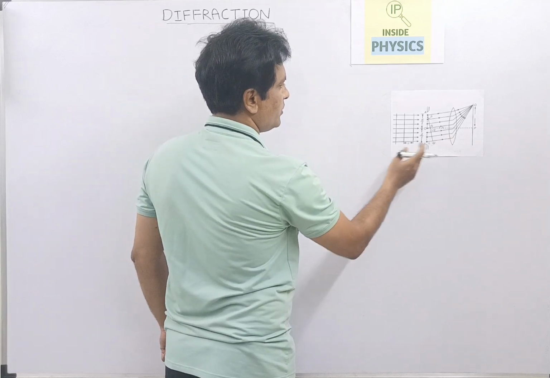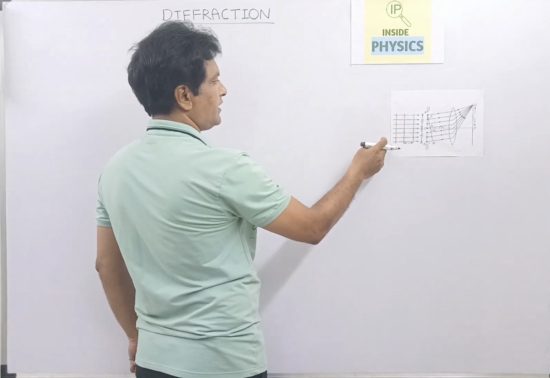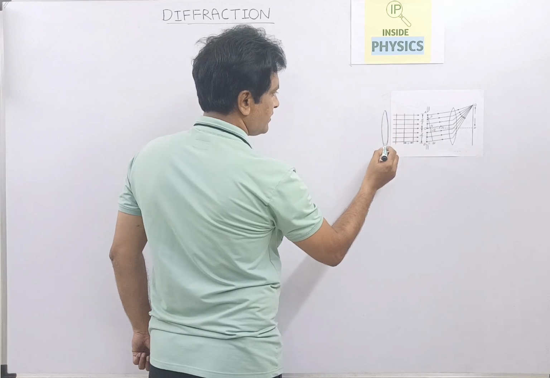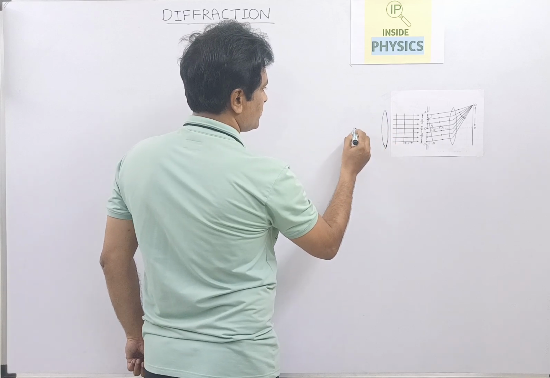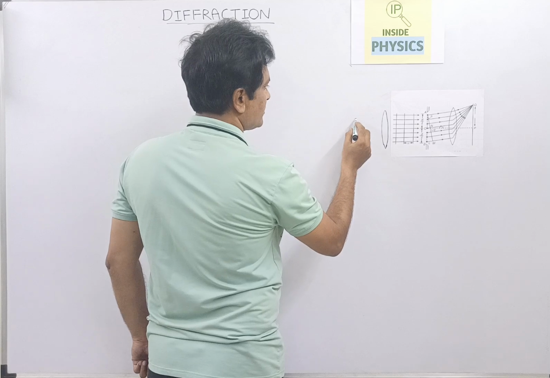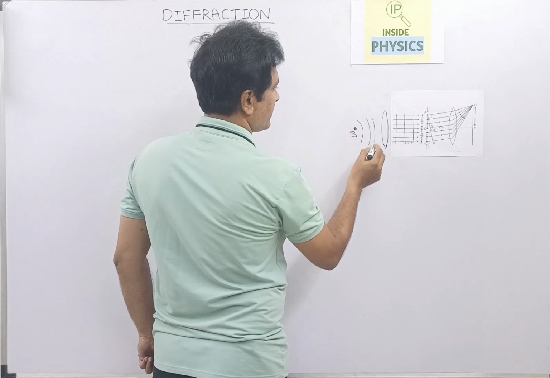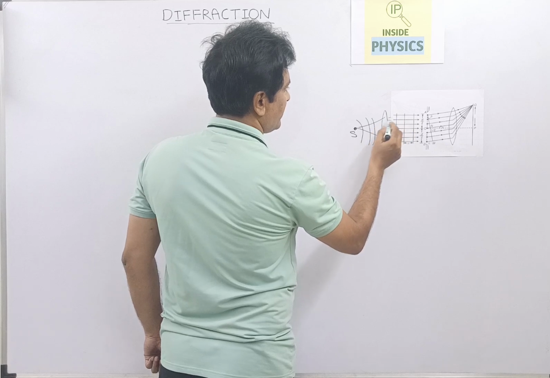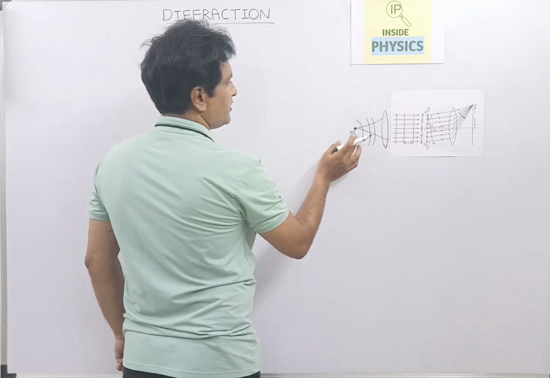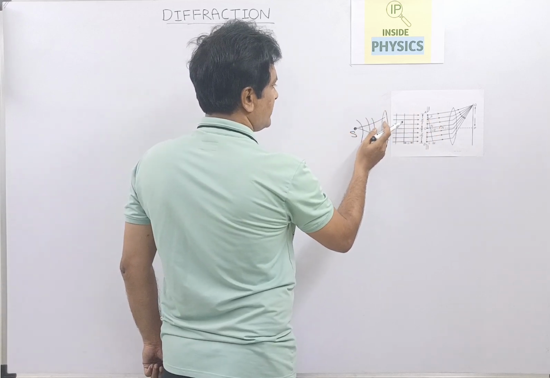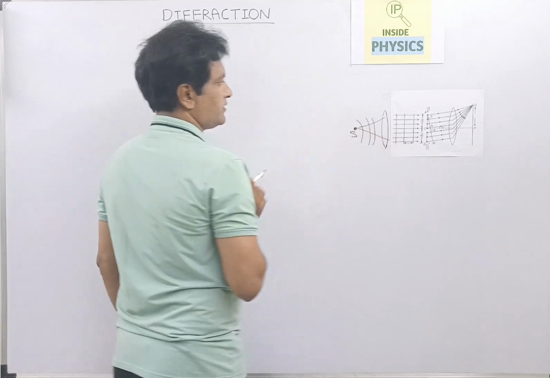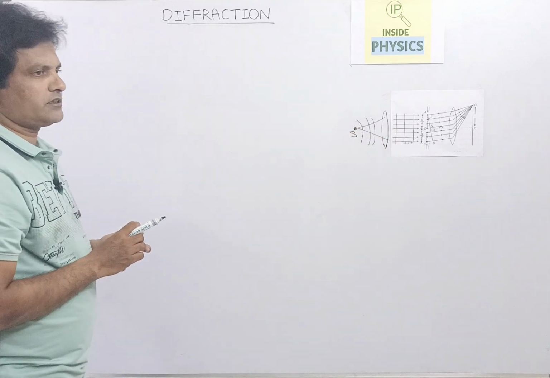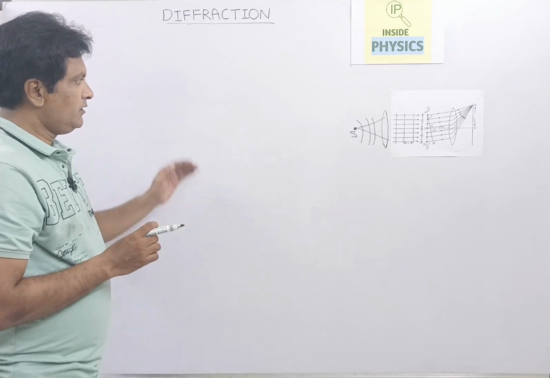This is called L2, and there will be another lens here, with a source here. The source emits the monochromatic radiation, and after falling on the lens, these rays come out as a parallel beam, because the source is at the focus of the lens. This is what we discussed in the previous video.